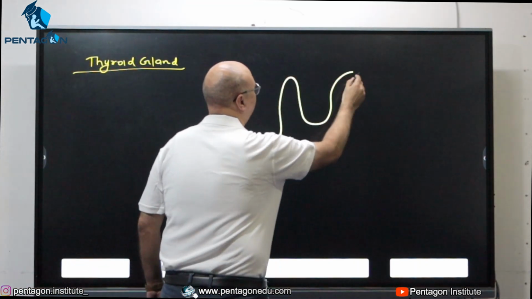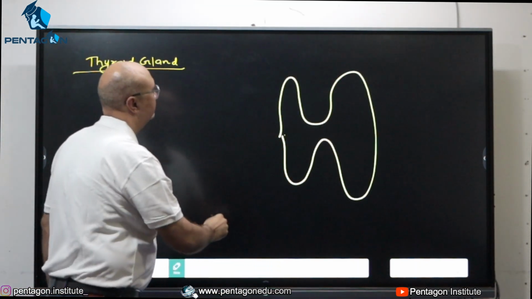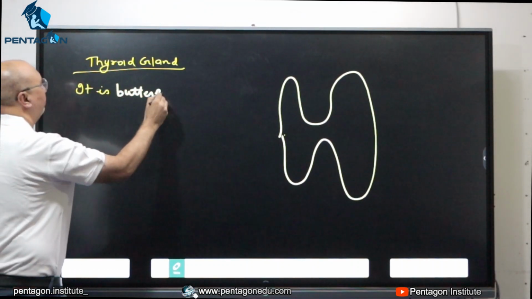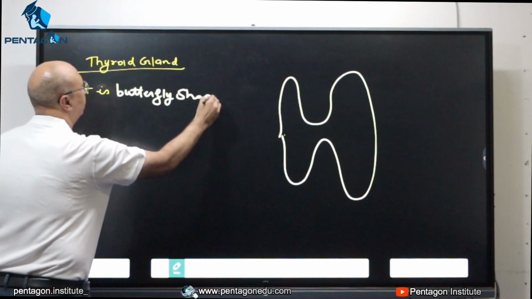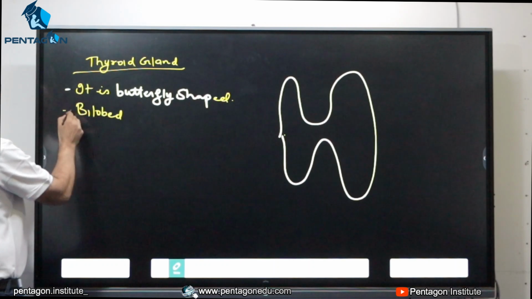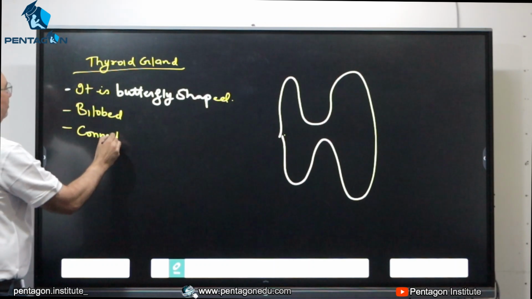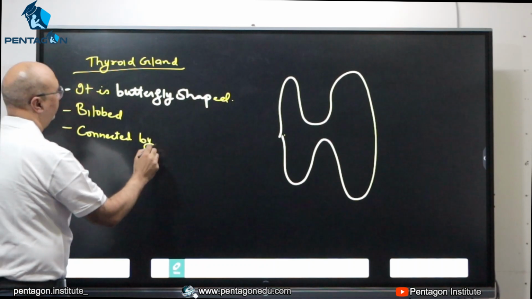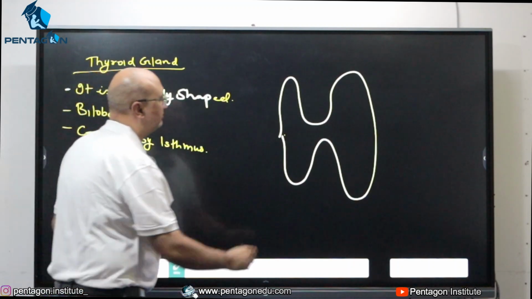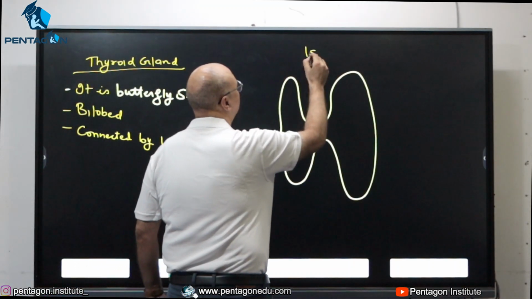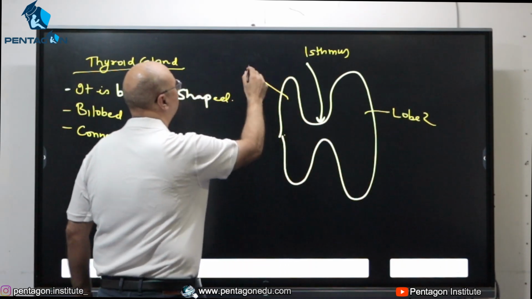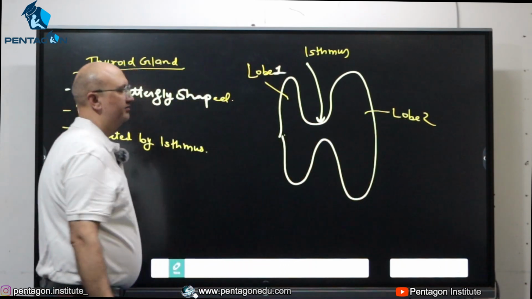The shape of the thyroid gland is butterfly shaped, bilobed, with the two lobes connected by an isthmus.